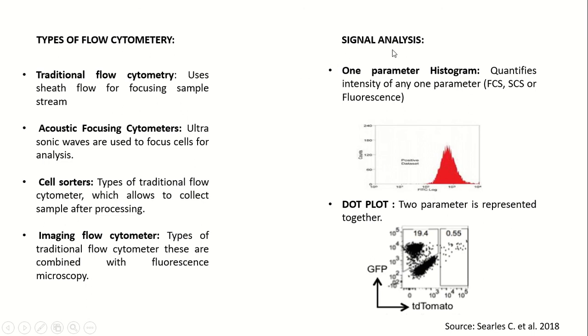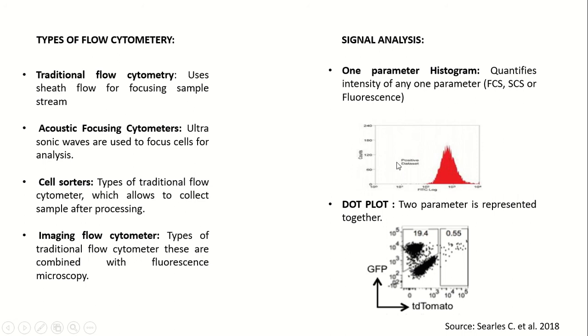Then about the signal analysis, meaning how we can interpret the data of flow cytometry. As I said, there are three main parameters: forward scattering, side scattering, and fluorescence.